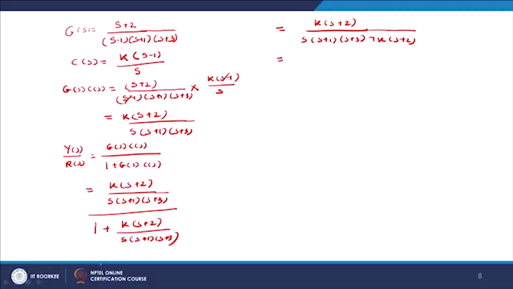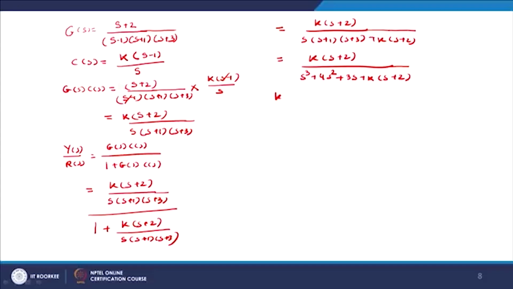Now again we simplify it, what we will get is K (s plus 2) divided by s cubed plus 4s squared plus 3s plus K (s plus 2). This is the closed loop transfer function.